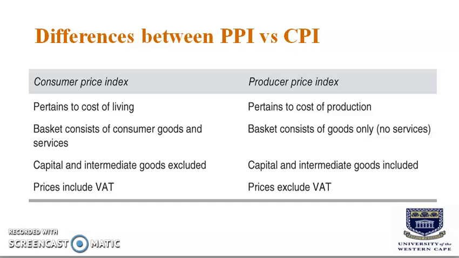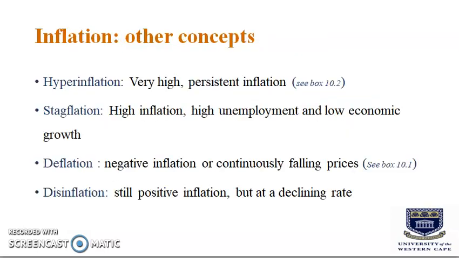Thirdly, the producer price index includes capital and intermediate goods, whereas capital and intermediate goods are excluded in the CPI. Lastly, the PPI prices exclude value-added tax or VAT, whilst the CPI prices include value-added tax.